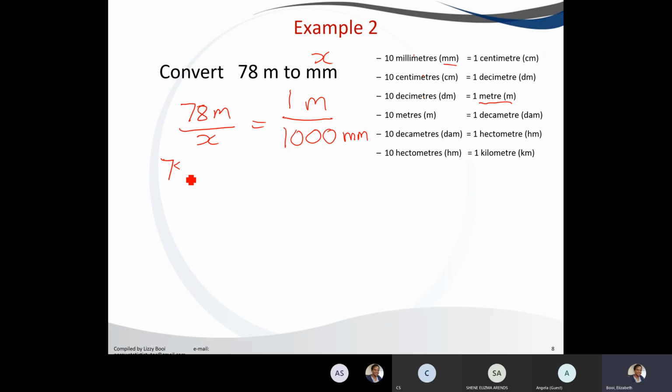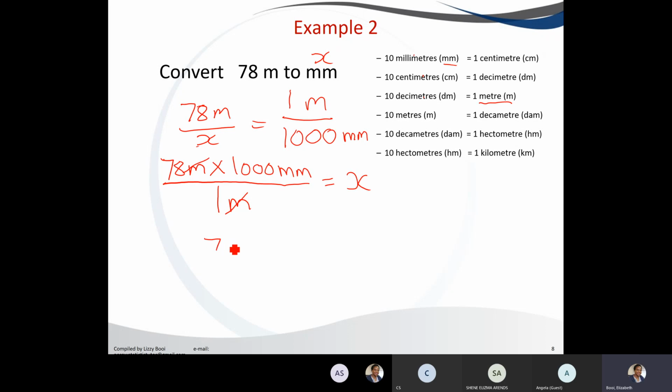So this will be 78 meters multiplied by 1,000 millimeters, divided by 1 meter, equals X, and we move X to the other side. Our meter cancels out with our meter.